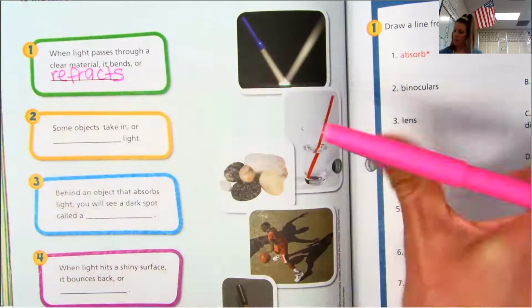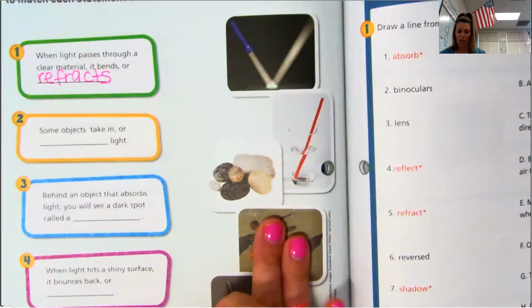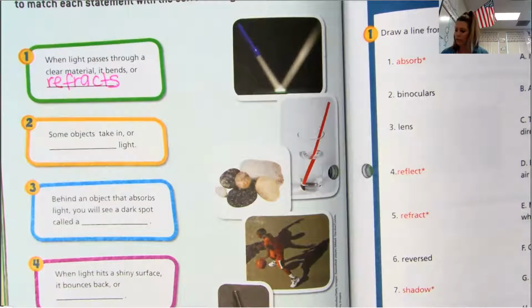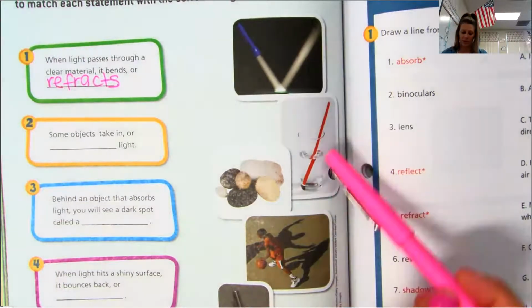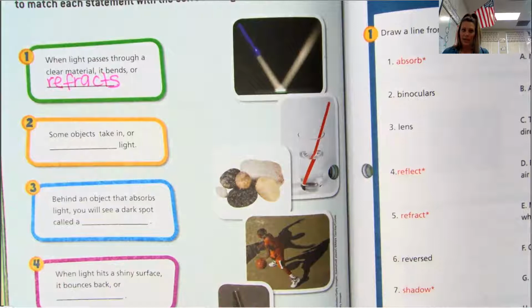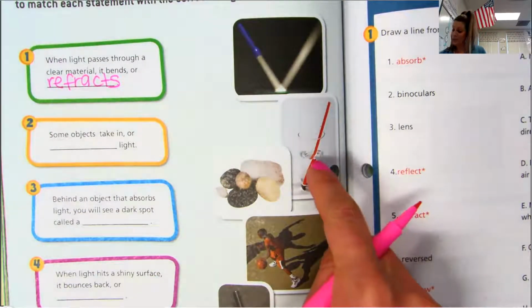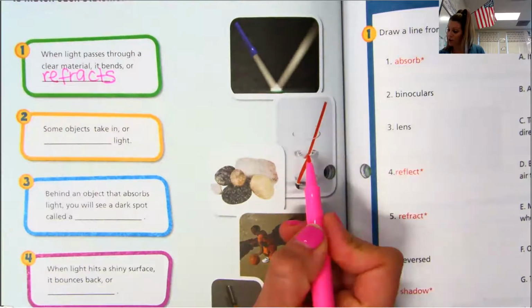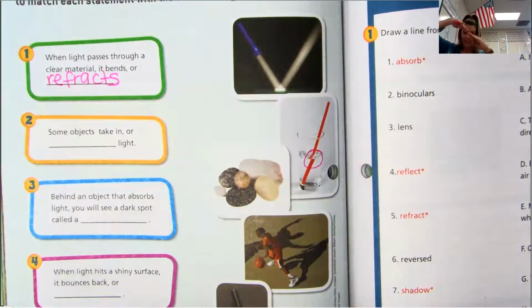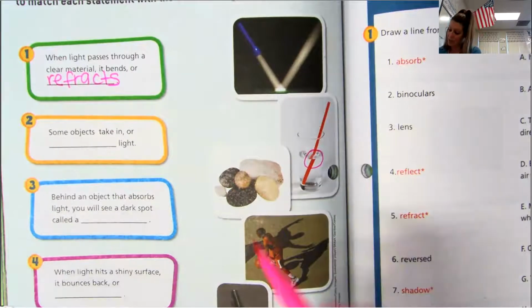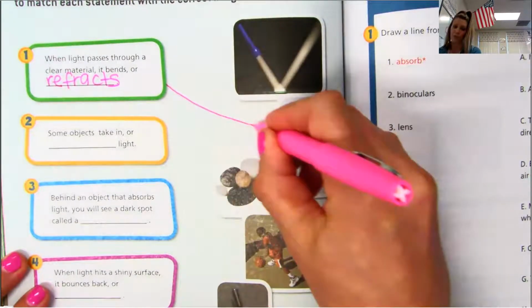So which one of these is an example of light passing through a clear material and bending it? Which one do you think? The clear glass. Do we see how the straw kind of looks bent? So that would be the example of refracts, right?